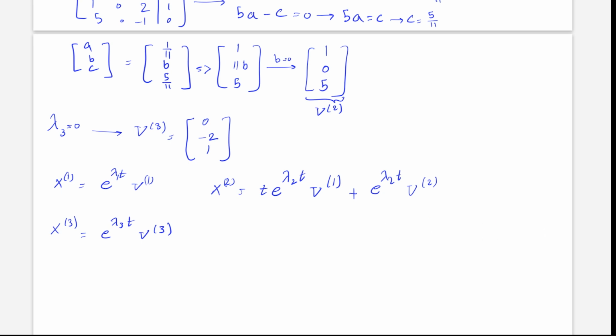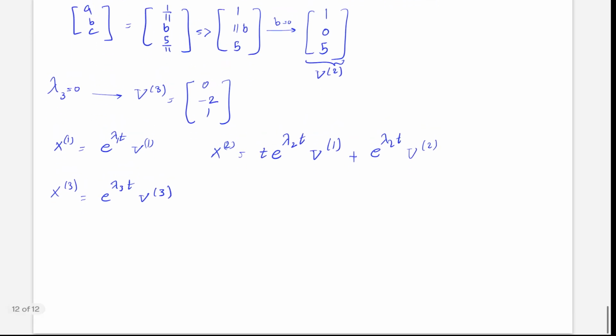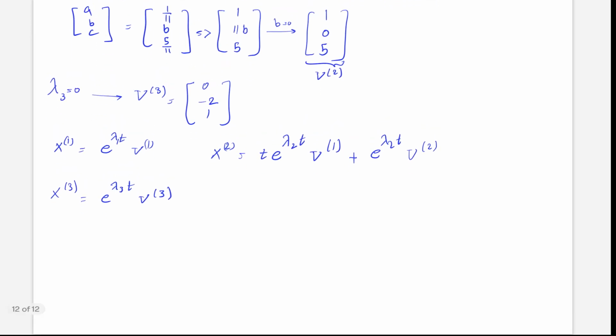So this was x2, now x3. Okay. Now, our fundamental matrix solution, which can be shown like this, will be, the first column x1, the second x2, and the third one x3.